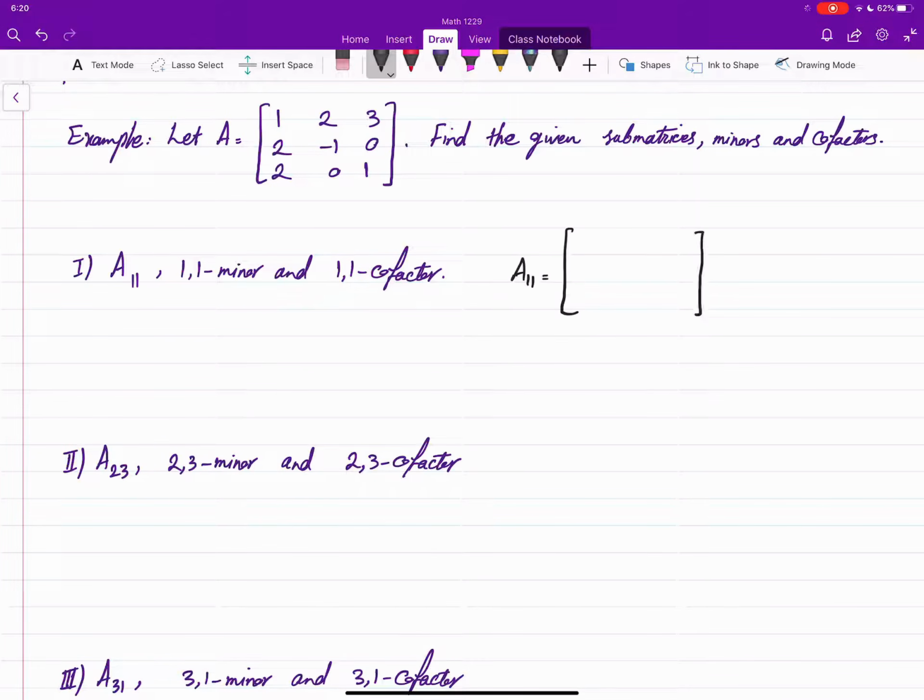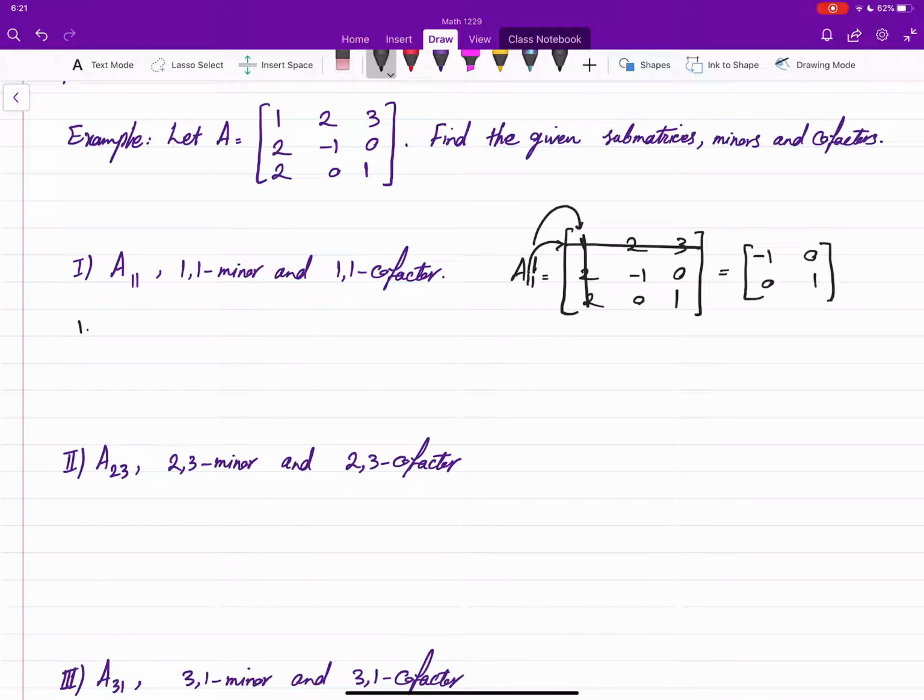Let me just write what A is. A11 you get by choosing the first index, row 1, and deleting that. The second index, you choose the first column and delete that. This will give you a 2 by 2 matrix, and that is the submatrix A11.